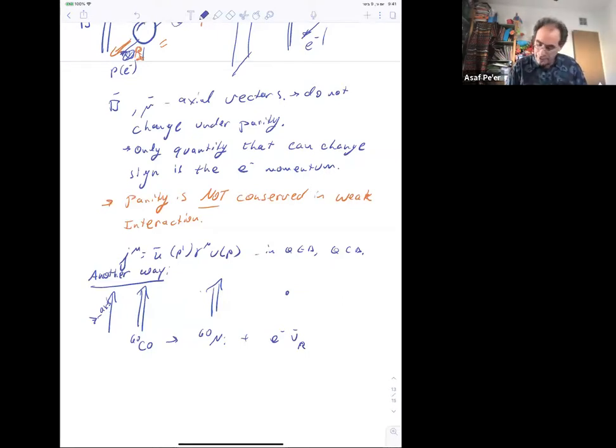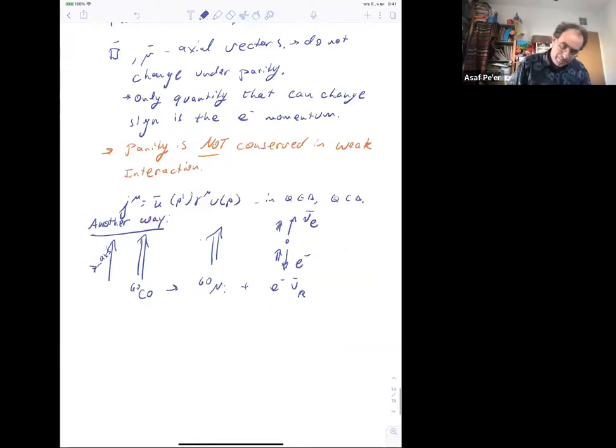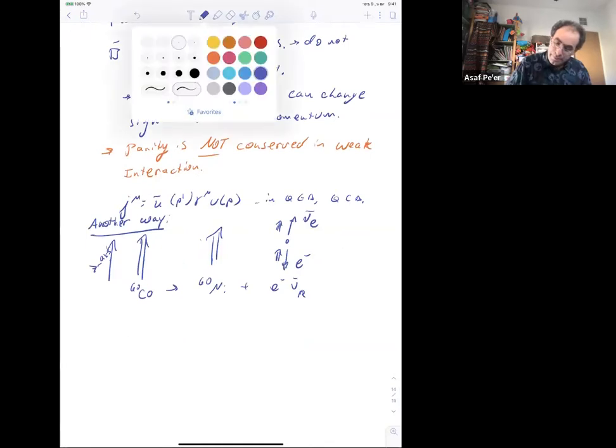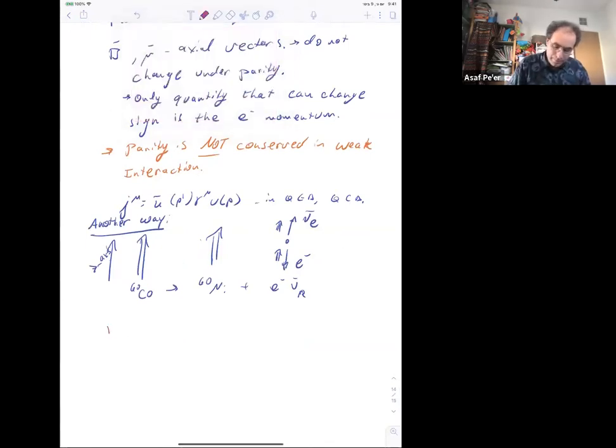So the electron, let's say, goes in this direction, and the antineutrino in this direction. But in order to get the conservation, the spin has to be oriented in the same direction. Which means that antineutrinos always have positive helicity.